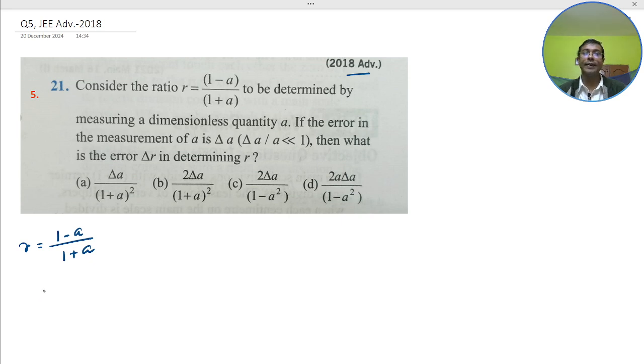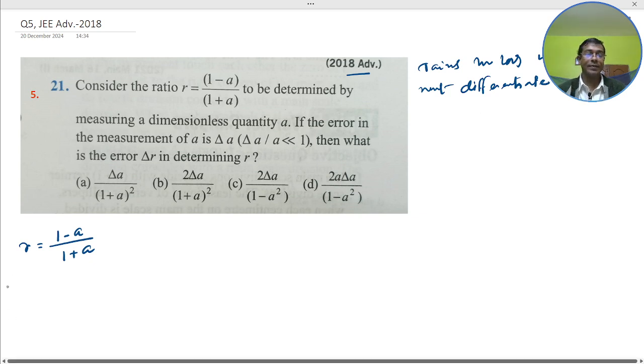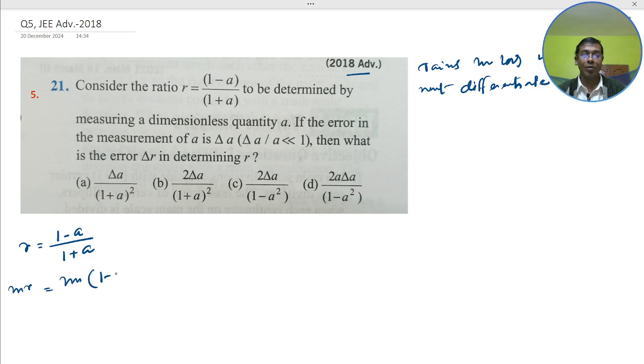So one thing is that for the percentage calculation, I'm just writing here, take ln or log on both sides, next differentiate both sides. So basically ln r is equal to ln (1 minus a) minus ln (1 plus a).